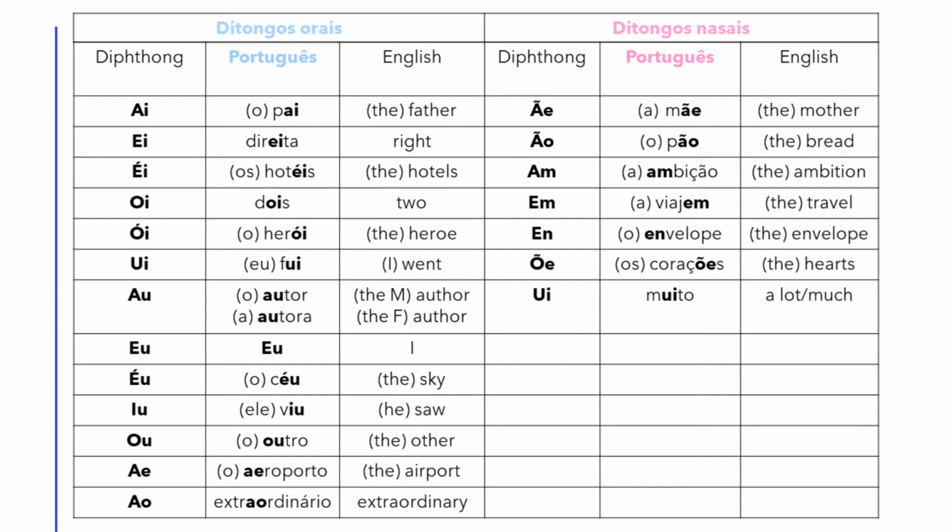A, os hotéis, the hotels. Oi, dois, two. Oi, o herói, the hero.